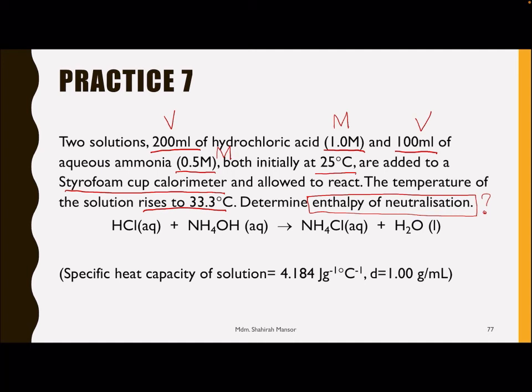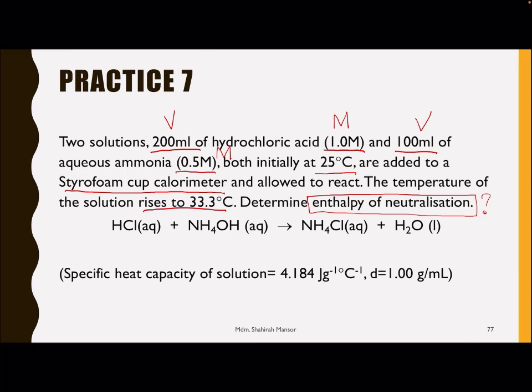As we are using a styrofoam cup calorimeter, we can assume that the heat released from the reaction will be absorbed by the surrounding, that is the solution. So the solution will be the only surrounding for this reaction.